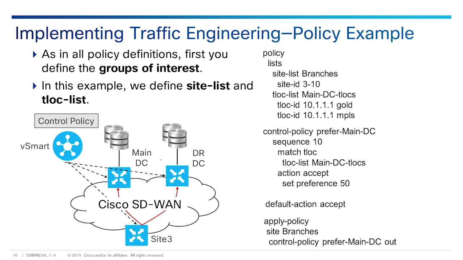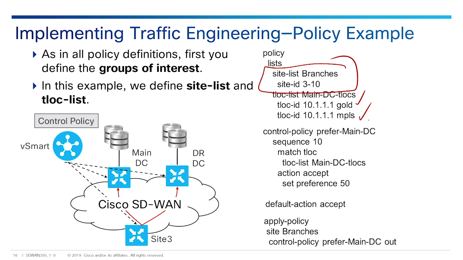So, how do we do this? Straightforward. We have our branches that we're defining, all right? And we're going to say, for the TLOC ID of 10.111, I want you to use gold and MPLS, okay?